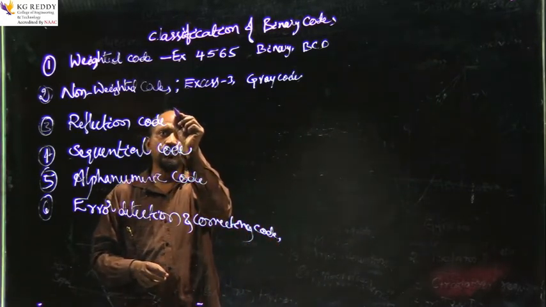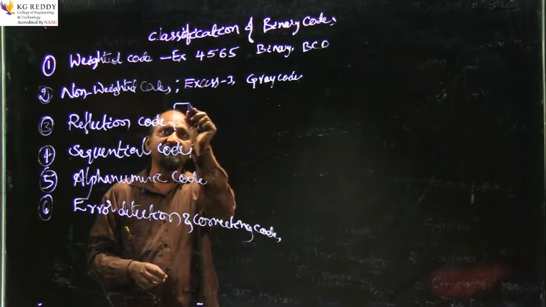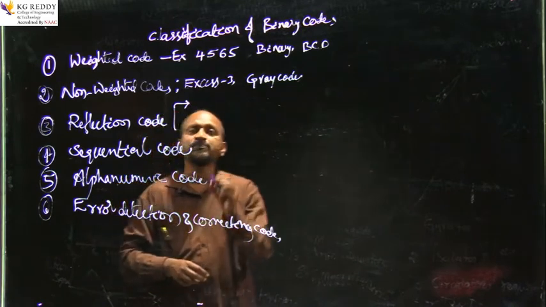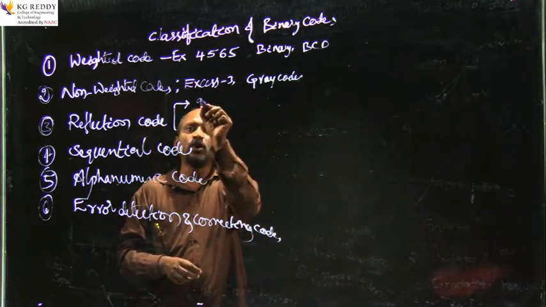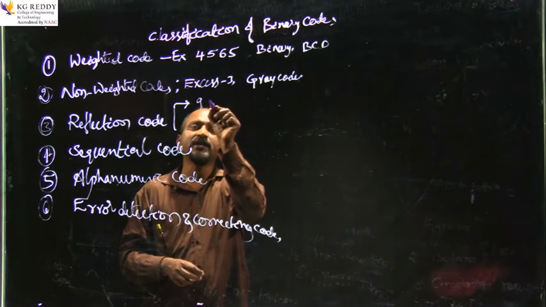Next one is reflective codes. In reflective codes, the codes will be reflective. For example, the 9's complement of 9 is 0, and again the 9's complement of 0 is 9.